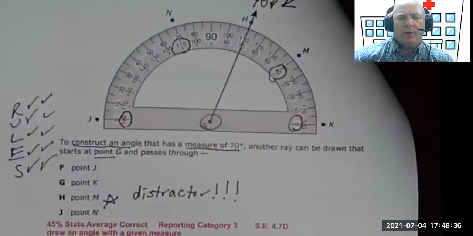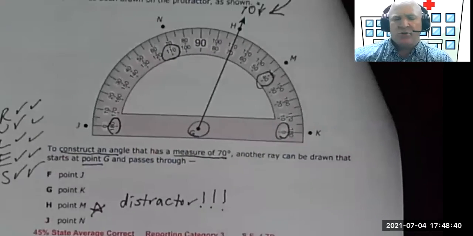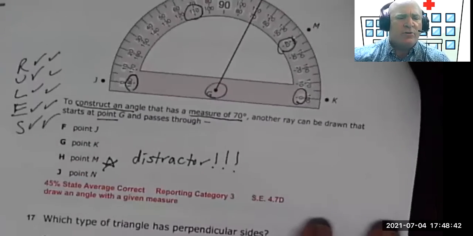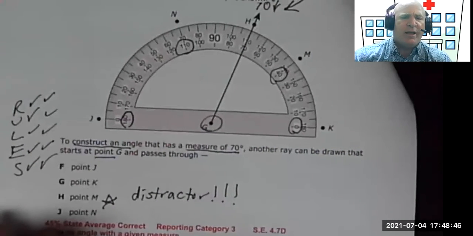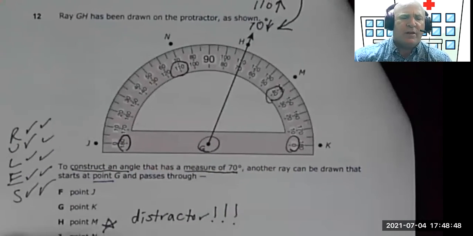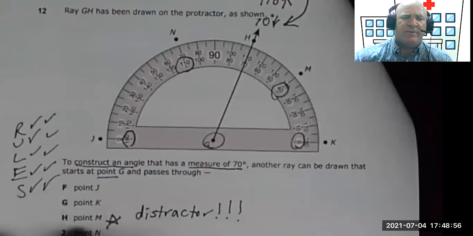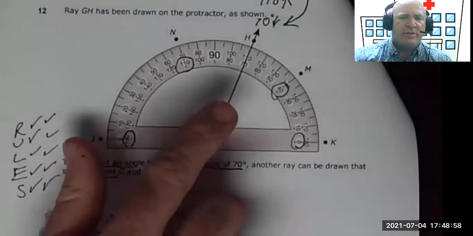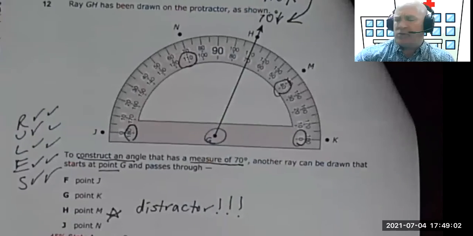So you sort of have to guess and check, and so that your students don't get confused with letters, because F, G, H, and J represent points J, K, M, and N. They made sure they didn't cross your students up, but because of H passing through 70, I'm guessing that a lot of your kids chose that.